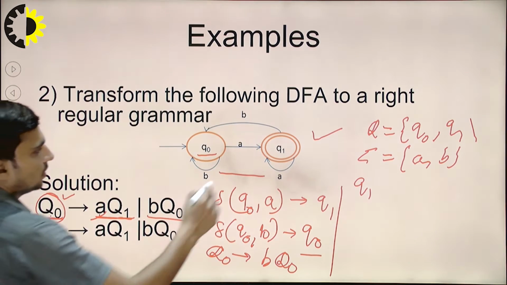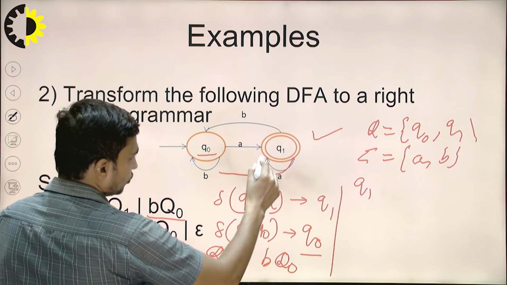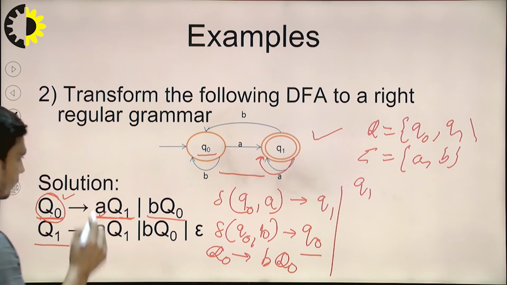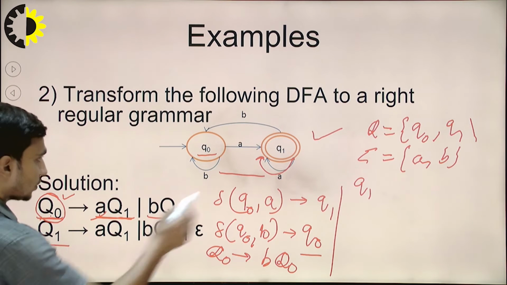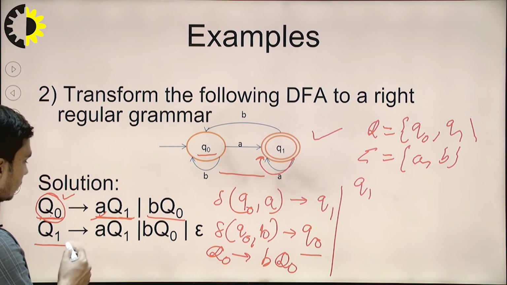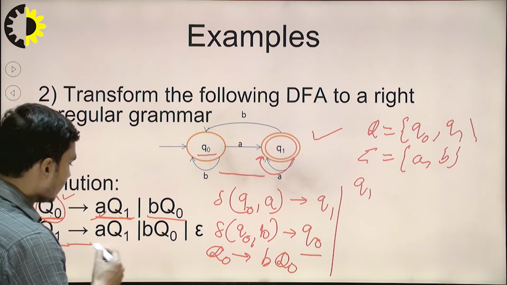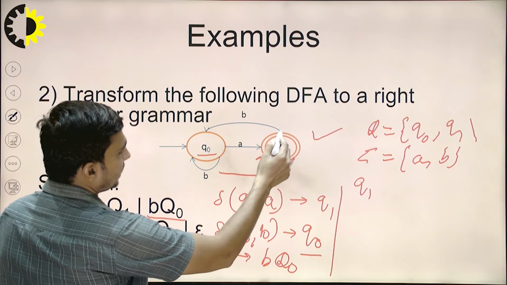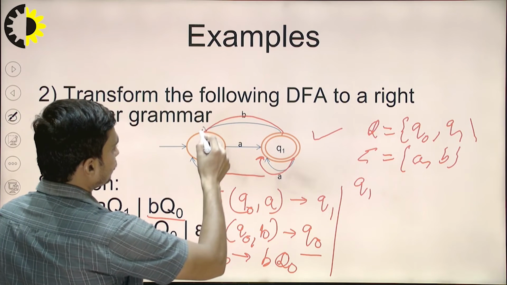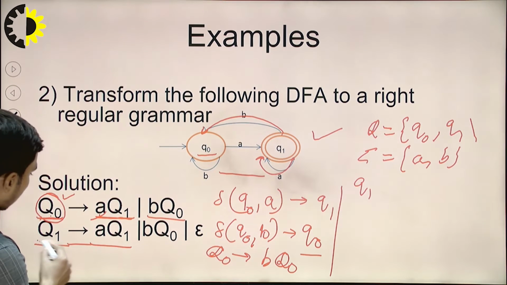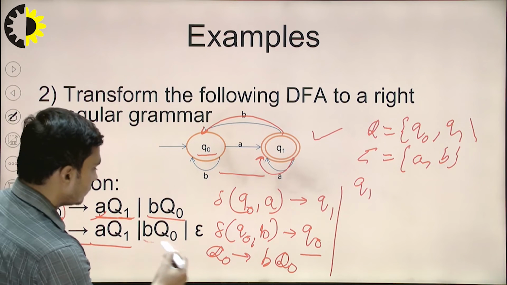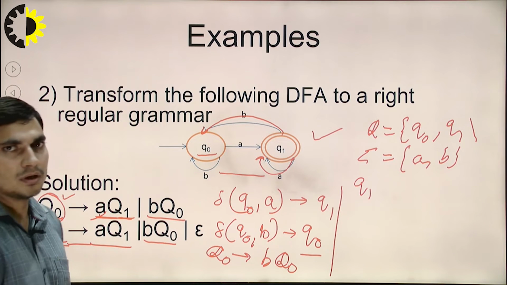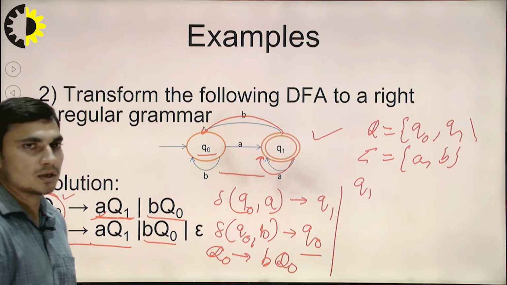At Q1, if we read a, we move to Q1 itself, so the production rule for this transition will be Q1 produces small a Q1. And if we are at Q1 and read input b, we reach Q0, so we add the production Q1 = small b Q0. So this is how we can transform a DFA or an NFA to a right regular grammar.